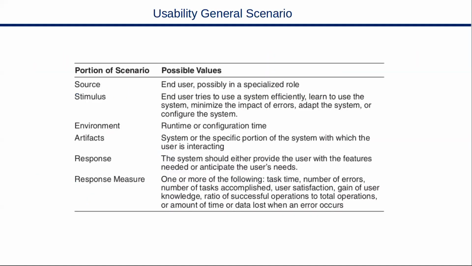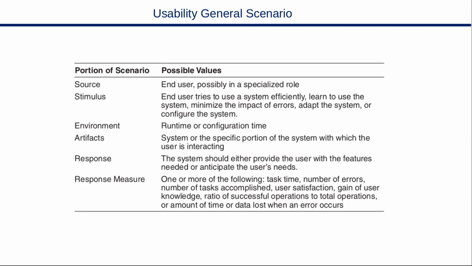How can the general scenario look? The source can be the end user, possibly a specialist in this role. We are talking about the user when we are talking about usability, so this is always the end user.